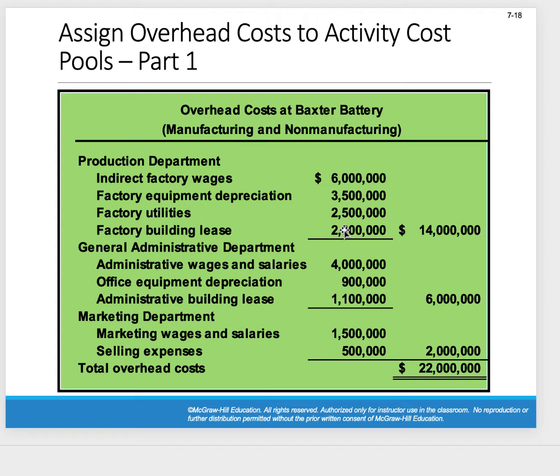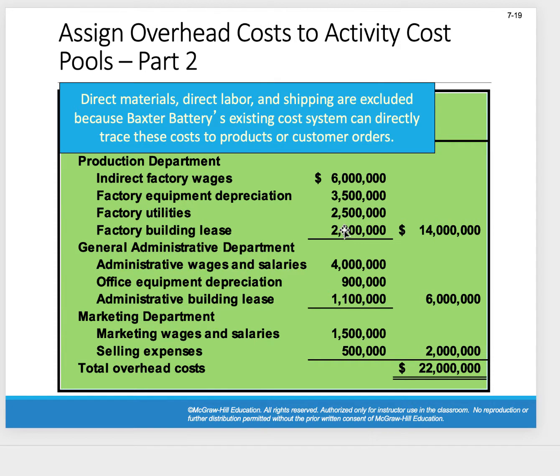Well, we throw the rule book out the window and say we're going to include both manufacturing and non-manufacturing costs. Okay. The reason why we don't have direct labor and direct material is because our costing system, the traditional costing system, already easily and conveniently traces those costs to the product or the job or whatever. So that's why we're leaving those out. Okay.